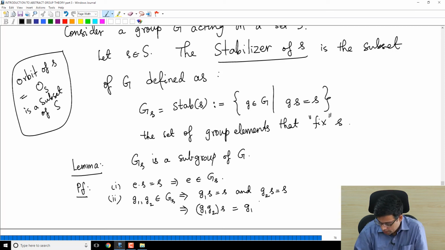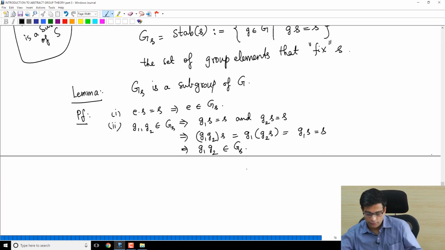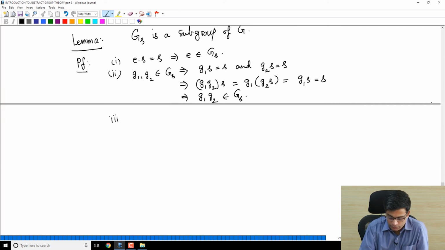This is by the definition of group action equal to g1 of g2 of s, which is equal to g1 of s, because g2 of s is s. g1 of s is also s. So this implies that g1 g2 is in G_S. Right? So if two elements are in the stabilizer, their product is in the stabilizer. That's good. So stabilizer is closed under multiplication.